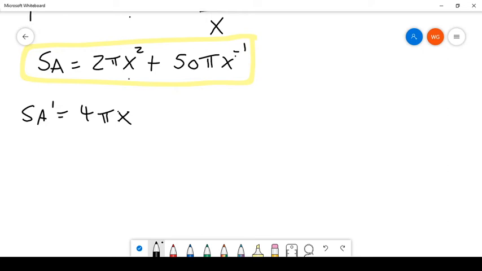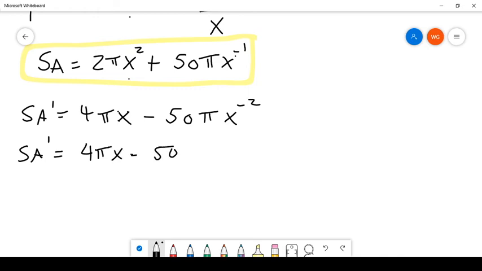It's going to be negative 1 times 50, so negative 50 pi x to the negative 2. Okay, reduce the exponent by 1. Let's simplify that a little. SA prime is equal to 4 pi x minus 50 pi over x squared.